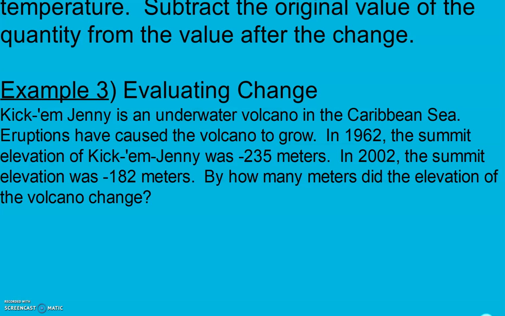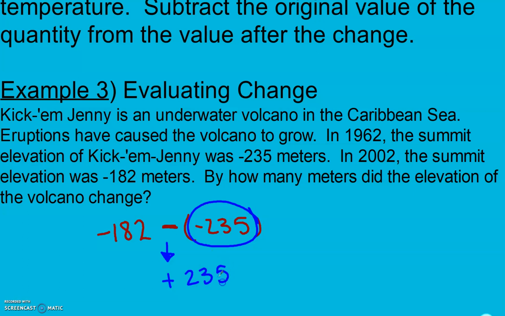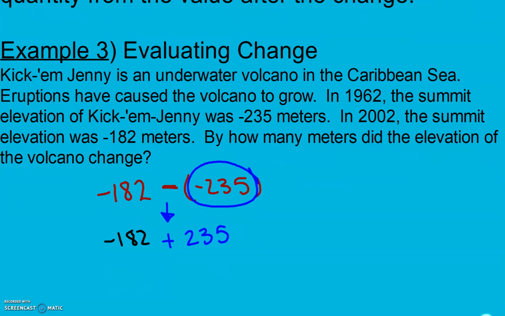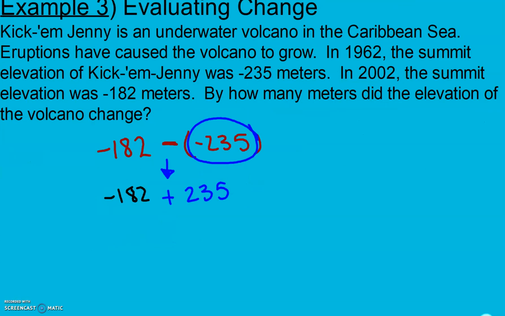So again, to find change, we take where we are, or where we ended in 2002, minus where we started, which would have been in 1962. Now I'm going to go ahead and change from subtraction to adding and take the opposite of what follows and bring down that first value. Now we add.